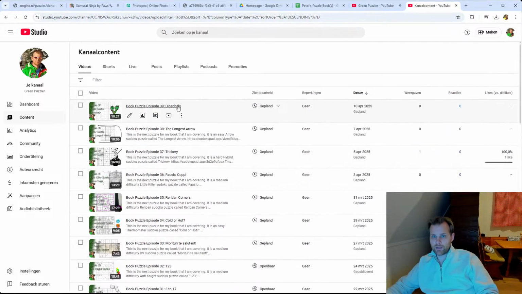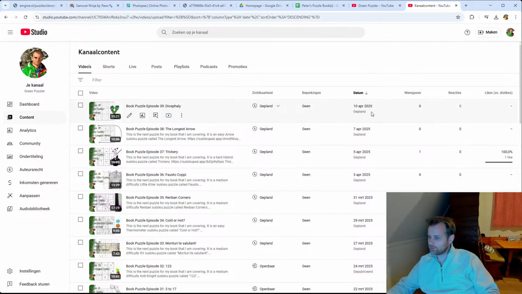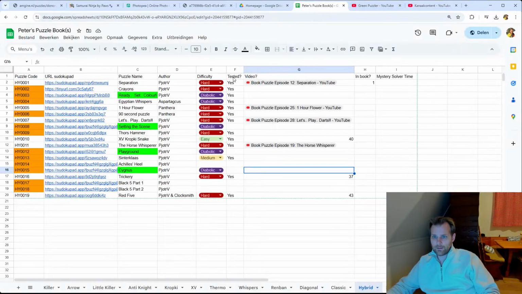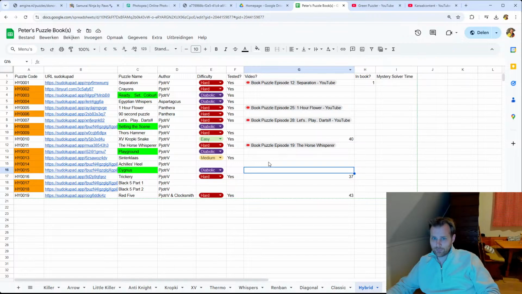I have planned until 39, and I scheduled until the 10th of April, so that's good. I numbered them. That's 39. And number 40 is this XV Kropki snake.